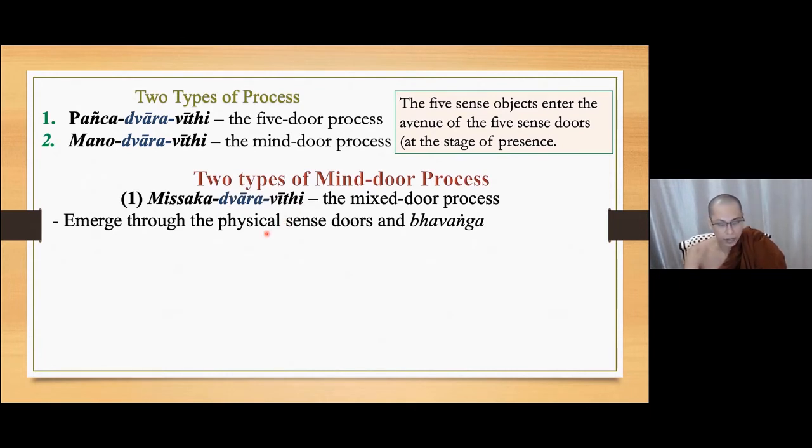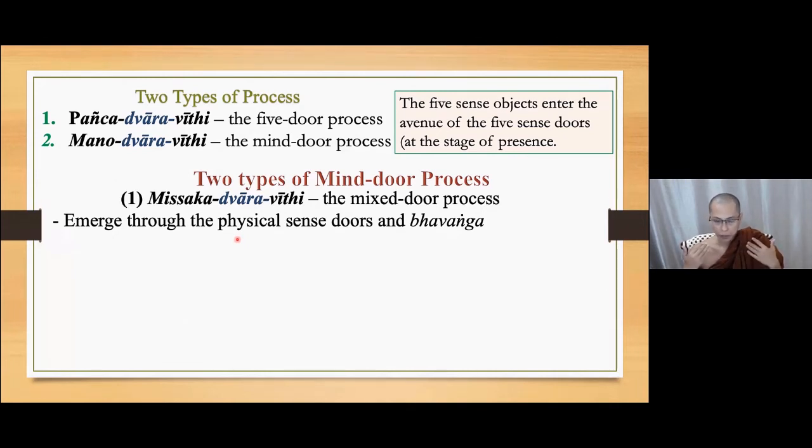As I have mentioned, the consequent processes: seven processes can follow the five doors. The object of these seven consequent processes does not enter through the mind door only. The object emerges through the physical sense door and bhavanga. So the object at the beginning appears at the physical door.